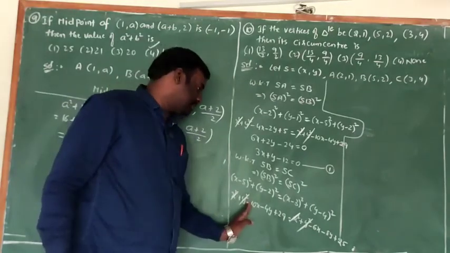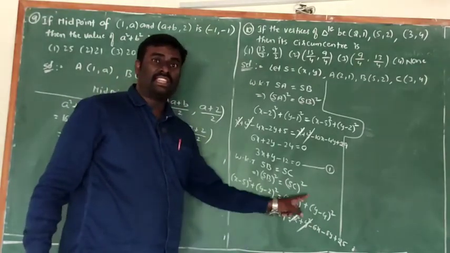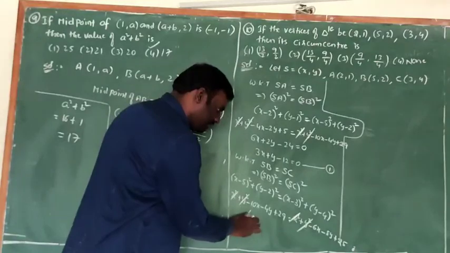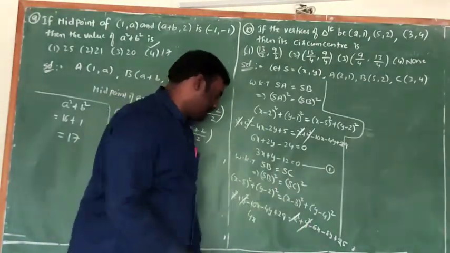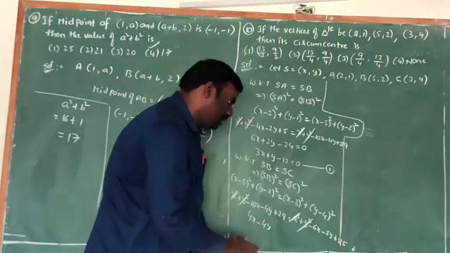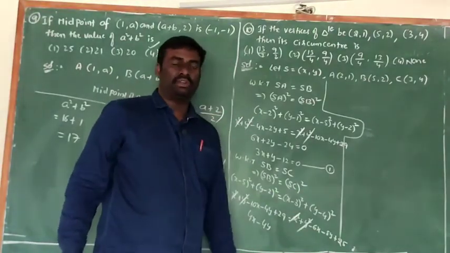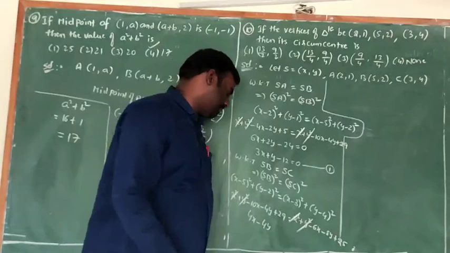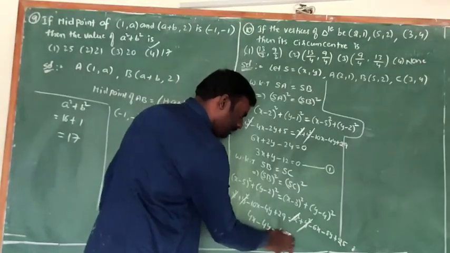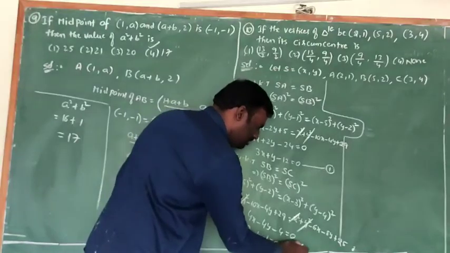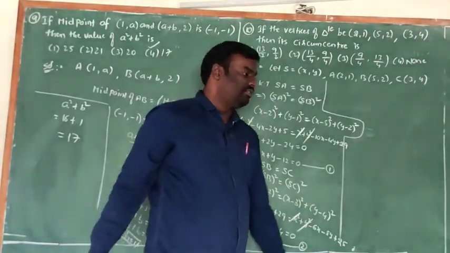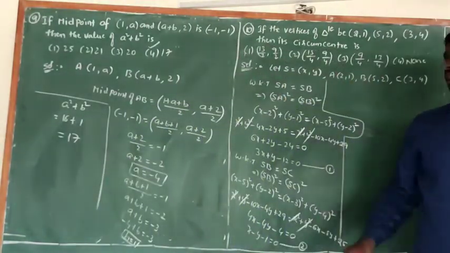Now this minus 10x go to that side, plus 10x minus 6x 4x. This minus 4y go to that side, plus 4y minus 8y minus 4y. 29 go to that side, minus 29, 25 minus 29 minus 4. If you take 4 common, x minus y minus 1 equals to 0. This is equation 2.